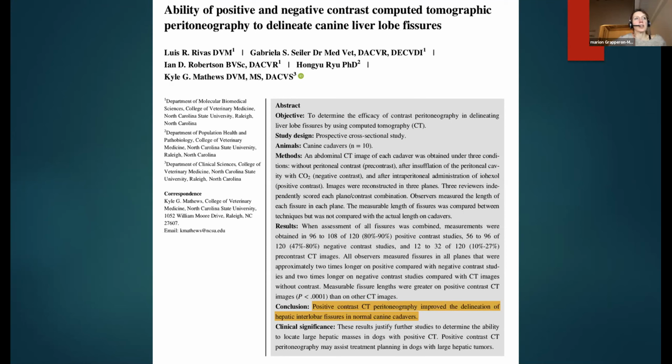I think it is nothing really new, but it is a potential technique to use if other criteria cannot be used to localize the mass. And I think that's all.